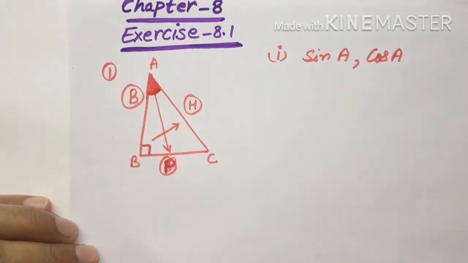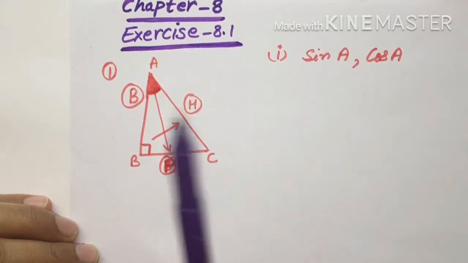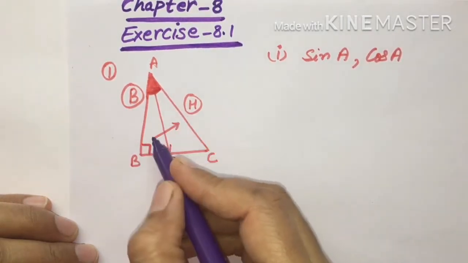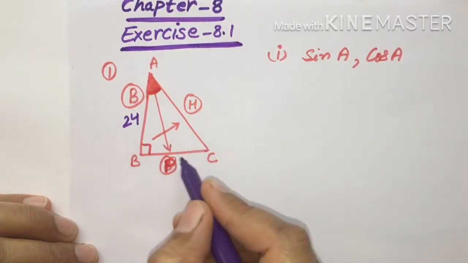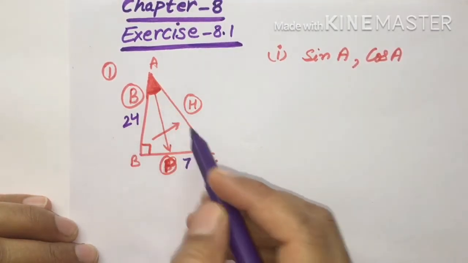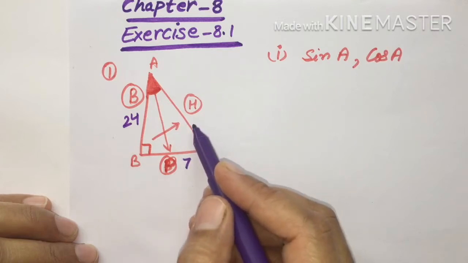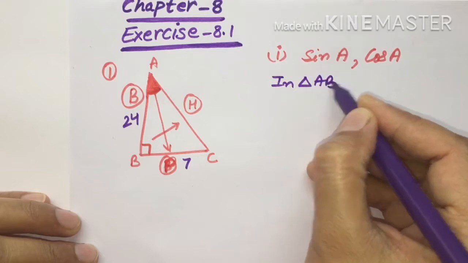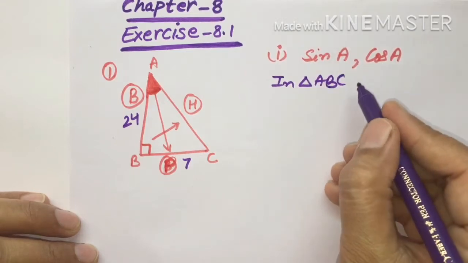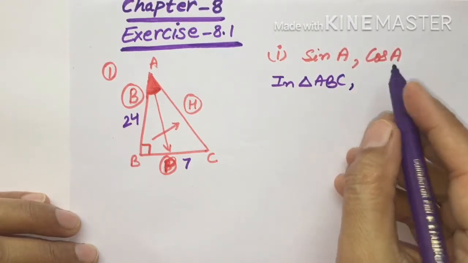It is given in the question that AB is 24 centimeter and BC is 7 centimeter. So now we have to find out the third side of this triangle. In triangle ABC, we will use the Pythagoras theorem because this is a right angle triangle.